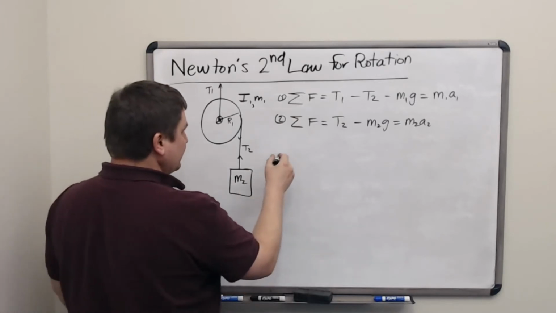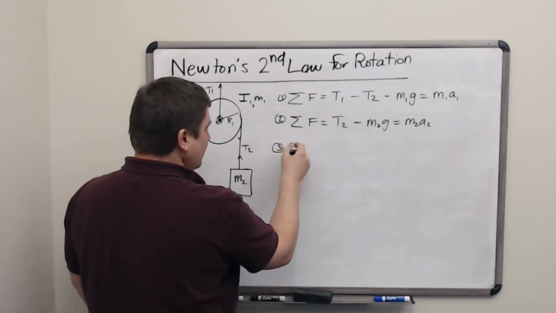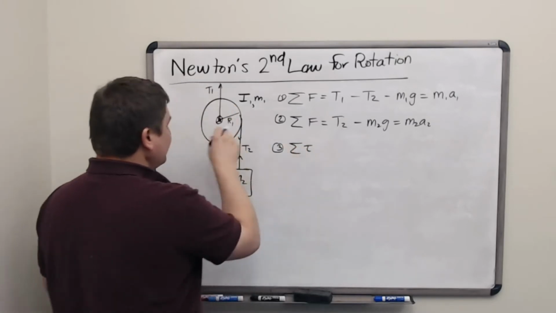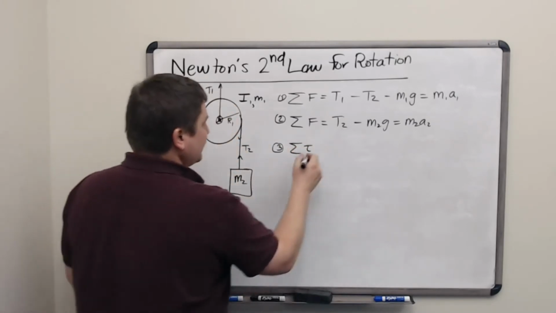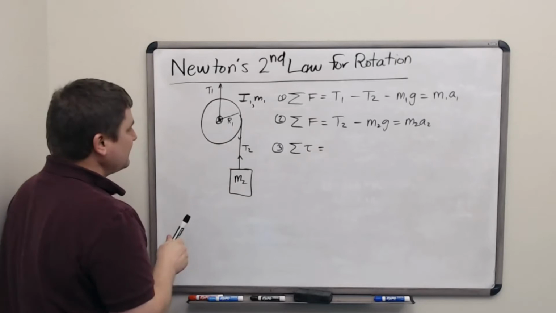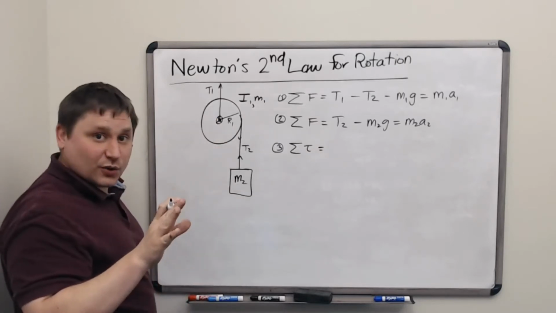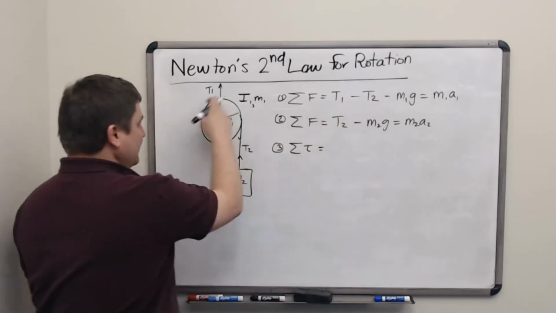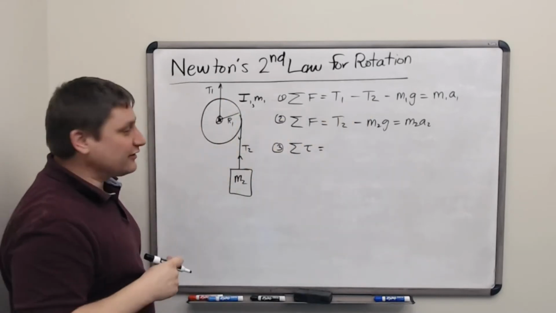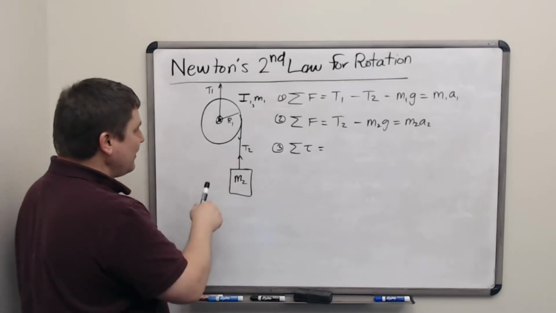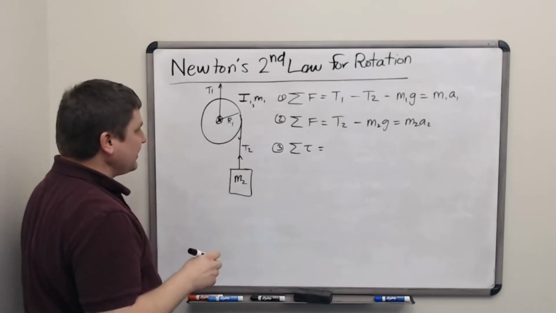Now let's look at the torques. The only object here that can rotate is the wheel. Does it experience any torques? Yes, it does. T1 pulls on the center, which doesn't generate a torque. Gravity again pulls on the center of mass, which doesn't generate a torque. T2, however, pulls on the edge, so that does generate a torque.